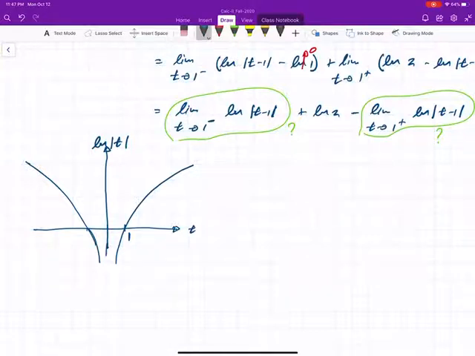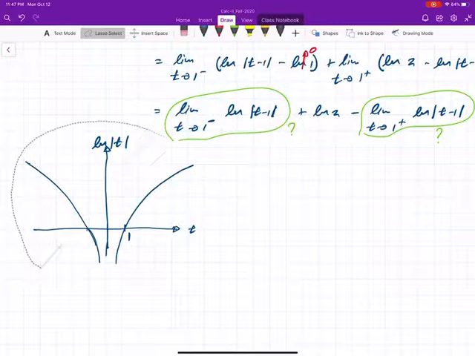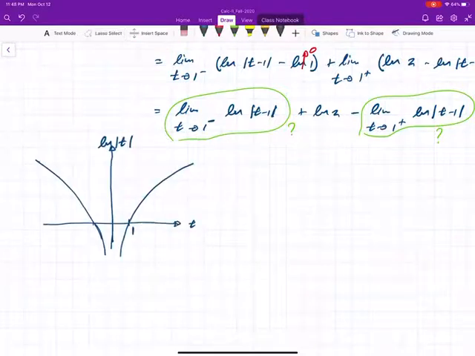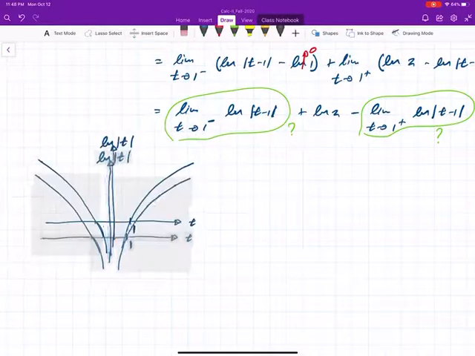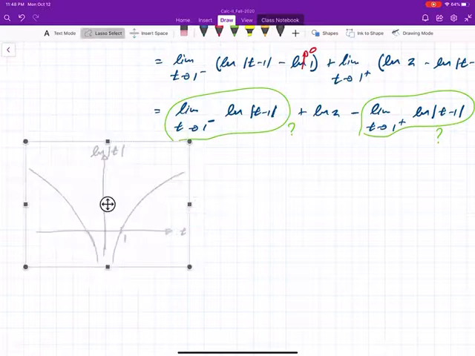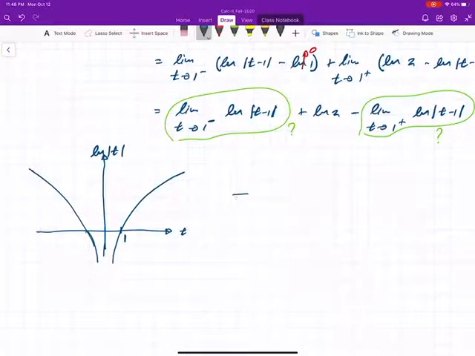Alright, so this is ln absolute t. Now you have to draw, by learning from this plot, ln absolute t minus 1. In ln absolute t minus 1, what will happen is the same plot will be shifted 1 unit rightward.